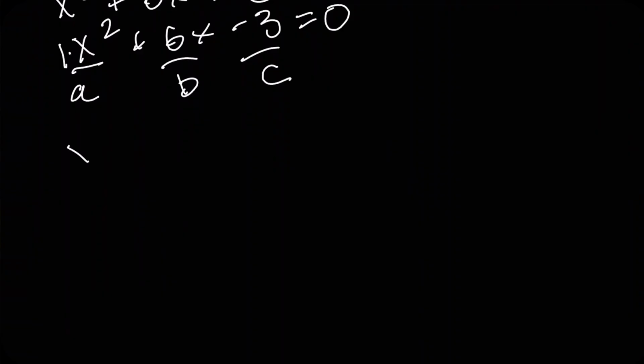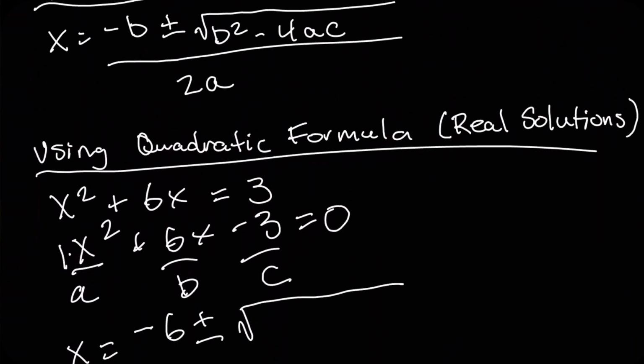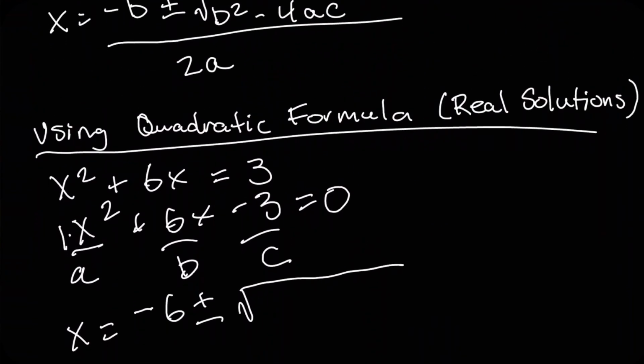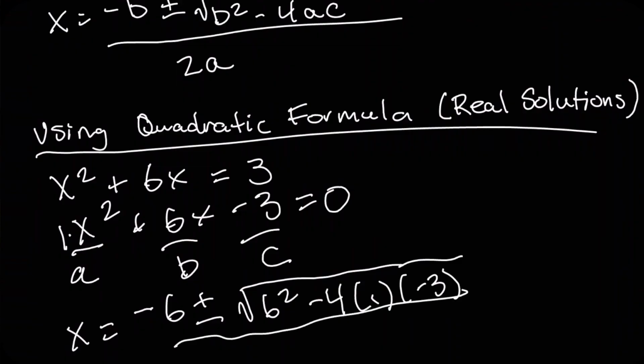We have x is equal to -b, so we have our b is 6, so -6 plus or minus the square root of b squared, which will be 6 squared, minus 4 times a, which is 1, and then our c is -3, all divided by 2 times, and then our a is just 1.